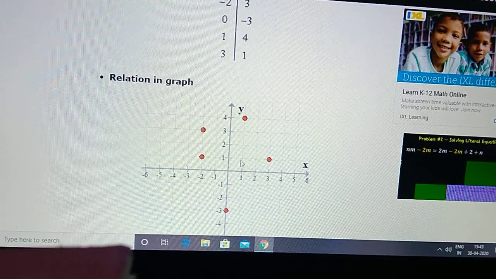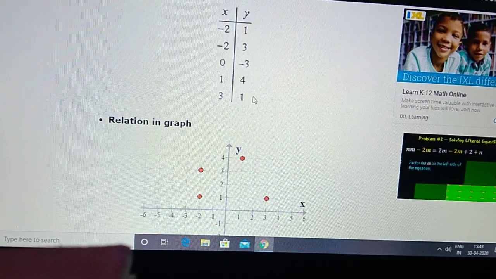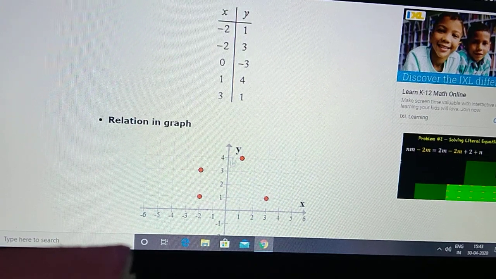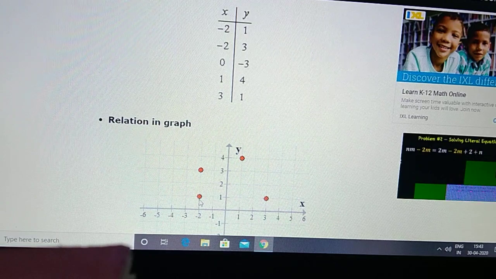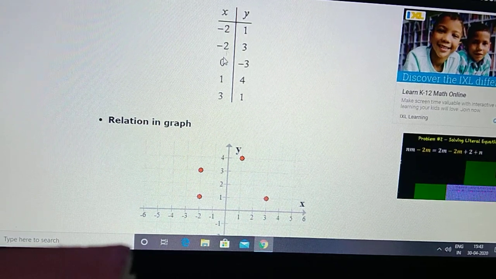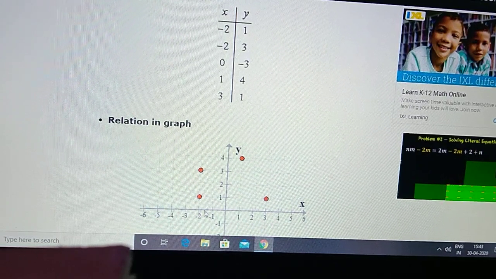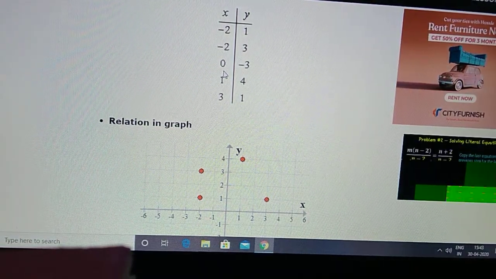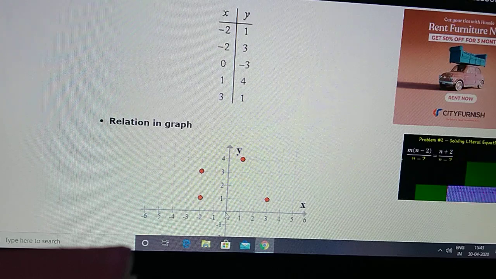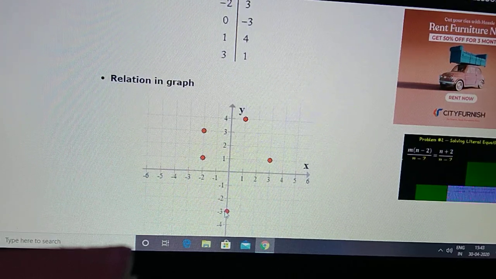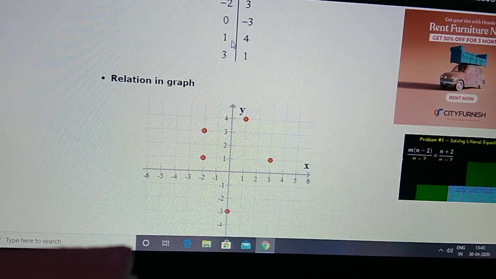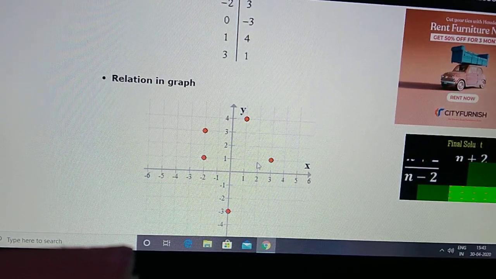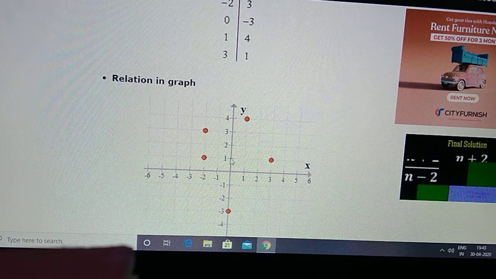Similarly we can represent it in a graph. For (-2, 1), -2 means go left, and the y value is 1. Then (-2, 3). Similarly (0, -3): 0 and -3 means go down. Then (1, 4), and (3, 1), where 3 is the x element and 1 is the y element.